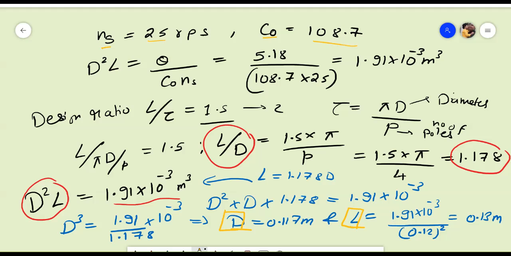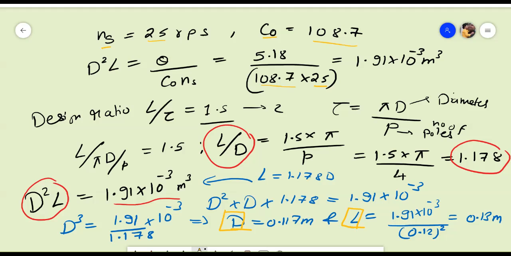The formula for D square L is equal to Q divided by C naught times ns, where ns is the speed. We found our Q, that is the kVA, 5.18, divided by C naught, which is 108.7, multiplied by 25 revolutions per second.